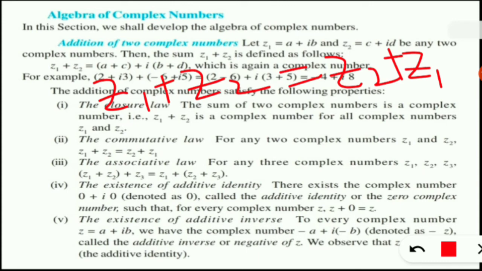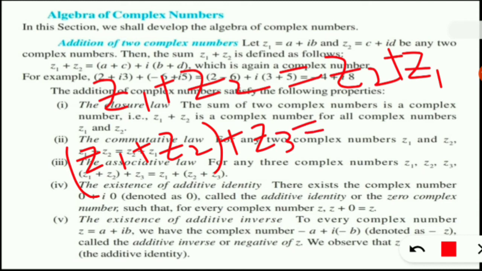Next one is associative law. That means z1 plus z2 plus z3 equals to z1 plus z2 plus z3 in bracket.